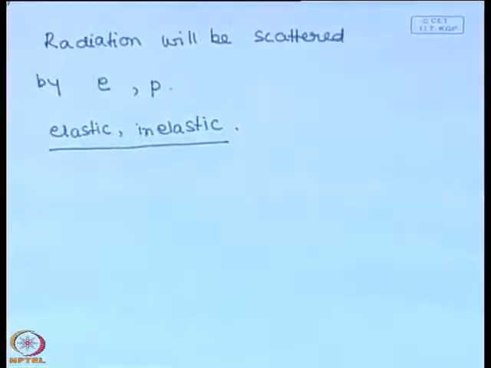Now, we know, so let us try to estimate the mean free path of the radiation inside the sun. Okay. And we know how to estimate the mean free path. We have discussed this quite some time ago when we were discussing radiative transfer.